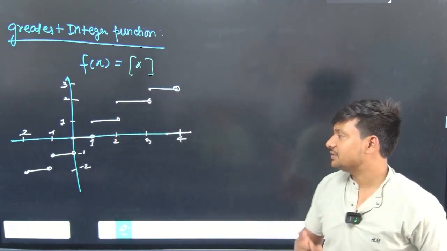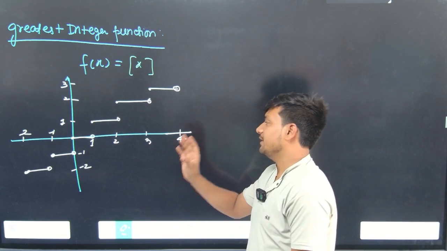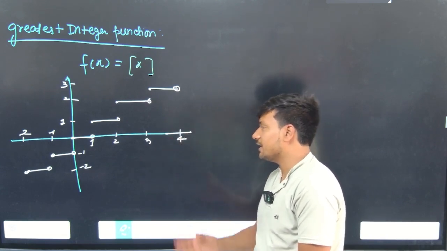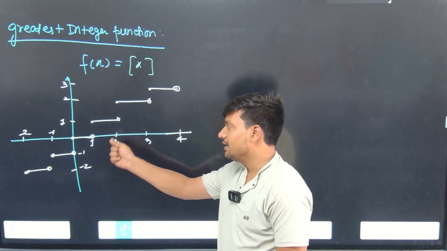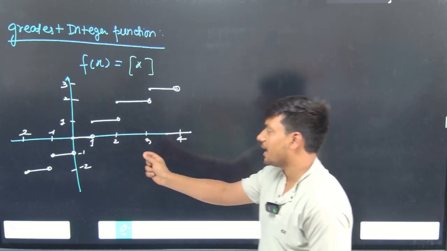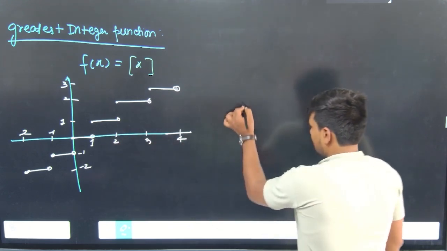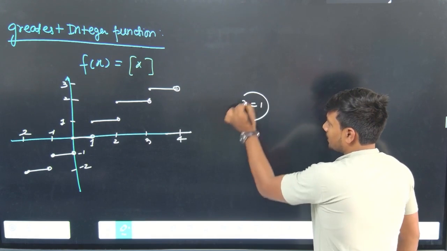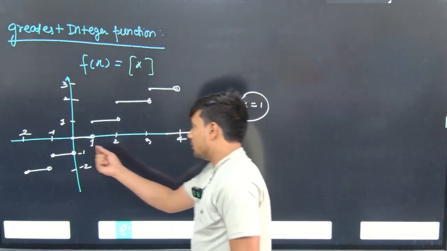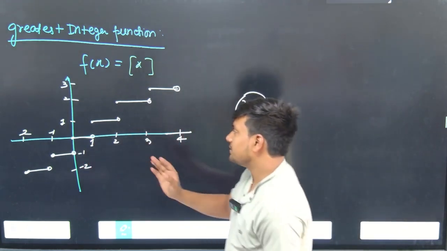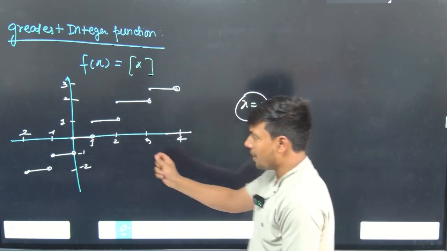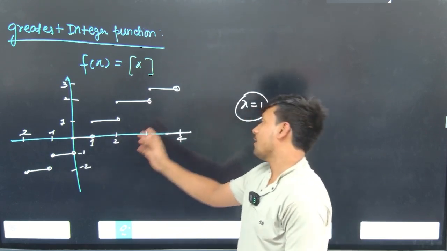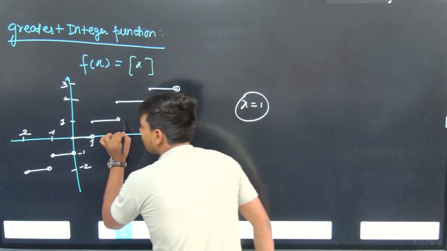If we see the graph of the greatest integer function, then clearly the function is not continuous at integer points. At x equal to 1, if we approach x equal to 1 from the left side, we go to 0. But if we approach x equal to 1 from the right, we go to 1.